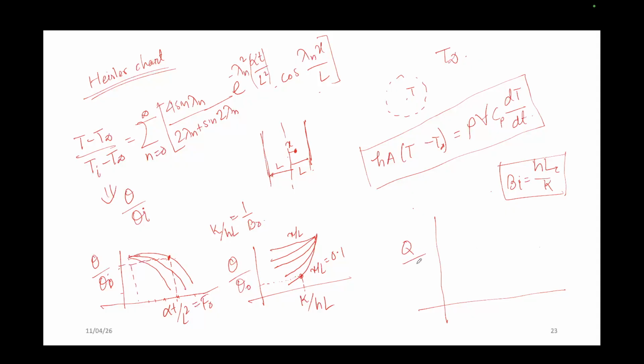Similarly, there is a graph Q by Q naught. How much heat is transferred initially, at a moment. So that thing is given by, if it is for a Biot number, okay.